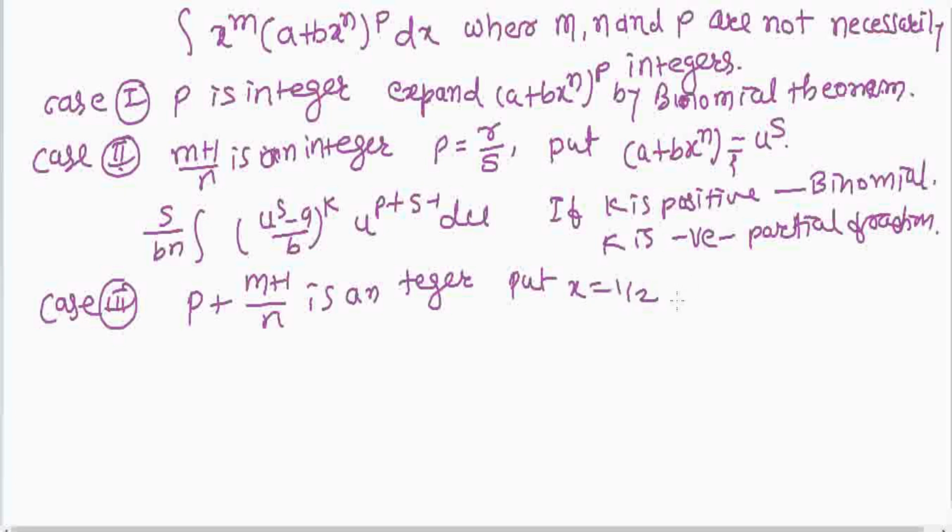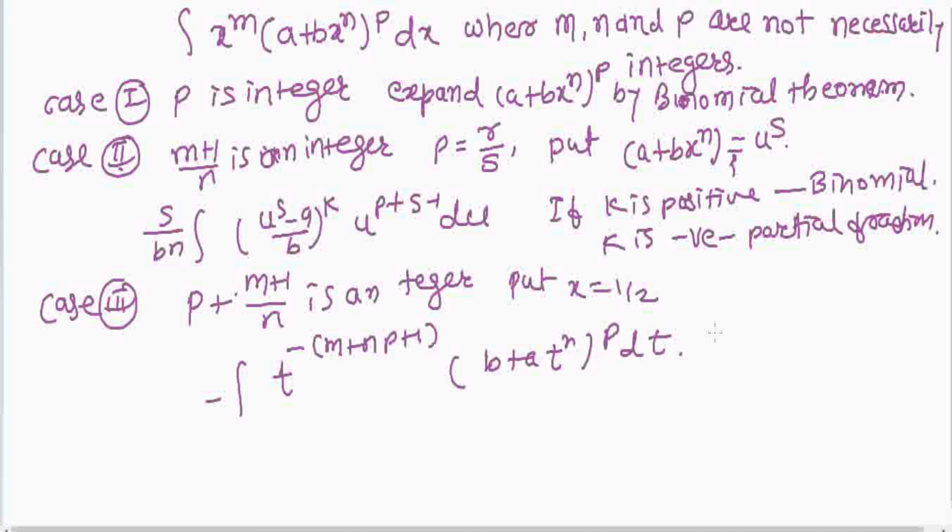If we put x equal to 1 by t, the integration will be converted into minus the integration of t raised to (minus m plus np plus 1) into (b plus a t raised to n) whole raised to p into dt.